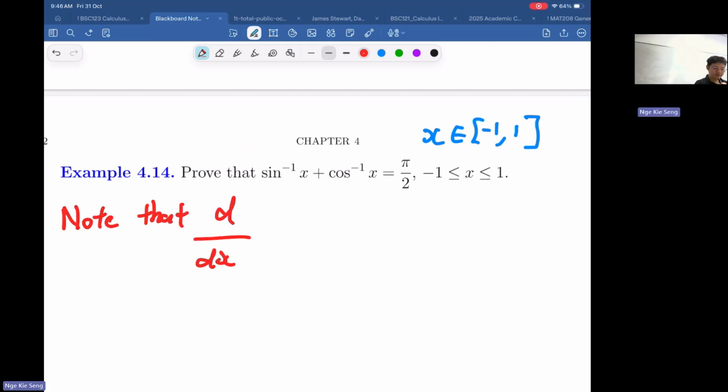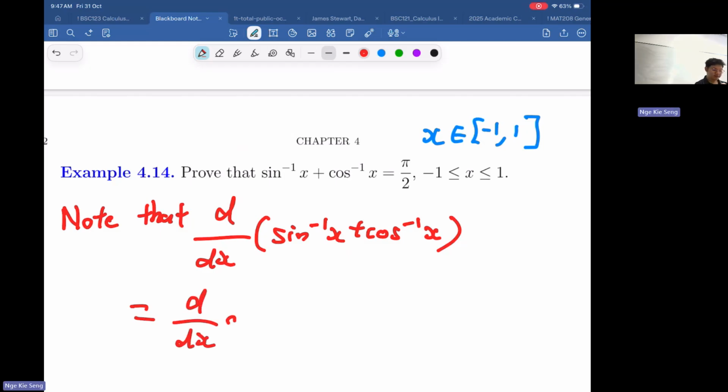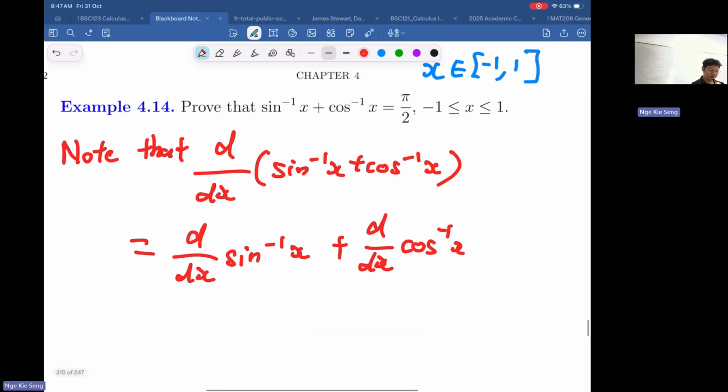What's the derivative of sine inverse x plus cos inverse x? Can you go back and find your formula? 1 over square root 1 minus x squared. Okay, so this one is for sine inverse, is it?